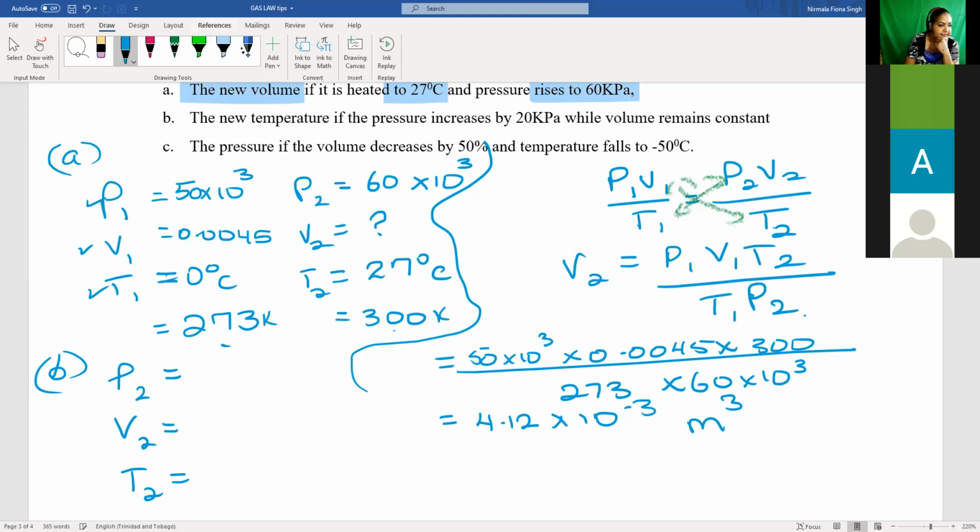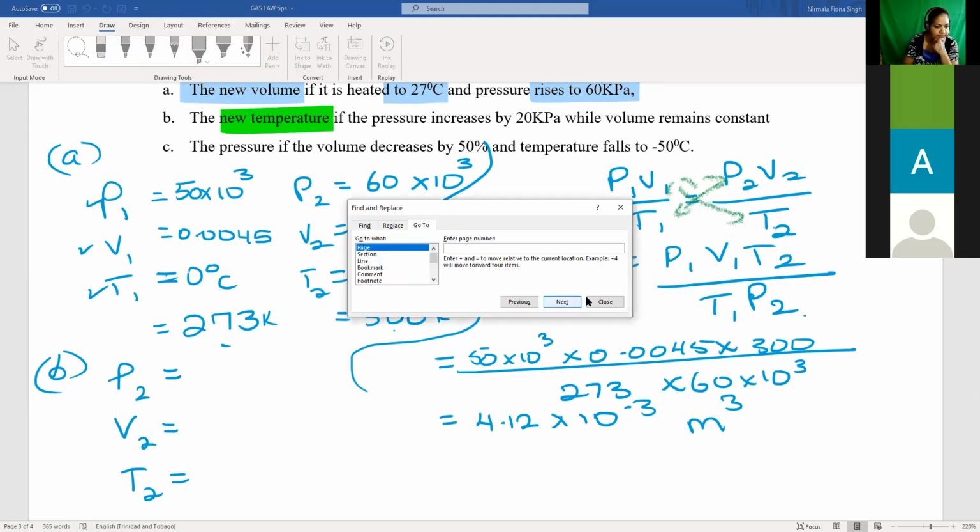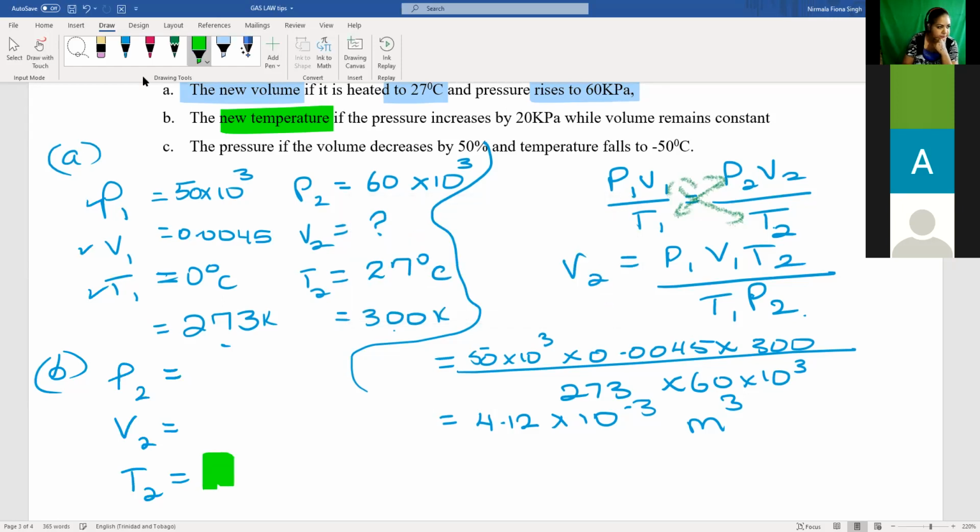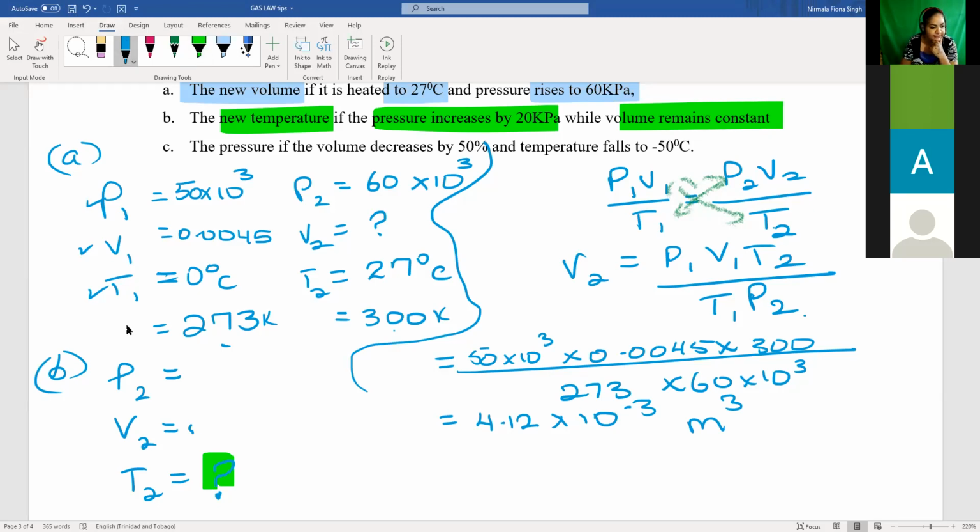So they've asked us to determine the new temperature. So this is what we want to find. We want to work out the new temperature if the pressure increases by 20 kilopascals while the volume remains constant. So if the volume remains constant, I'm still going to have 0.0045 meters cube, and they said my pressure increases by 20,000.